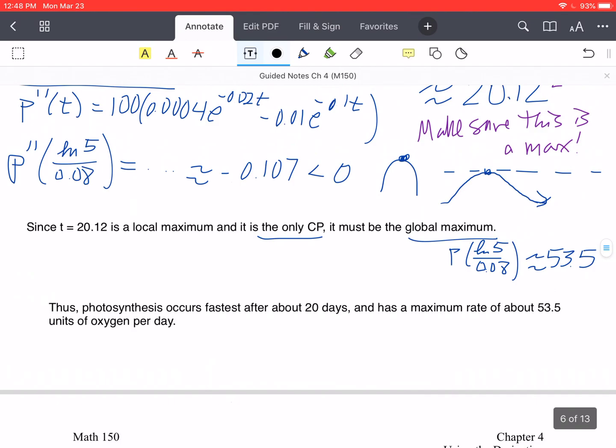So that would be our maximum occurring at about 20 days, and the maximum rate itself at about 53.5 units per day.